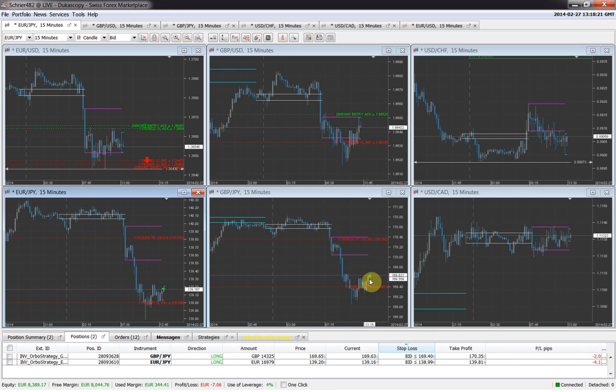It's breaking the range to the upside. Nothing to do now, just give some time and let it ride, basically. I'm gonna give these entries a little bit of time, and if the trades are not going anywhere, I'm gonna close them.